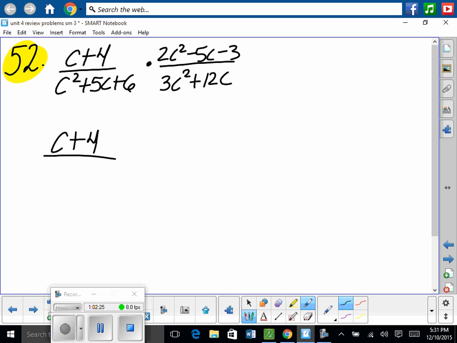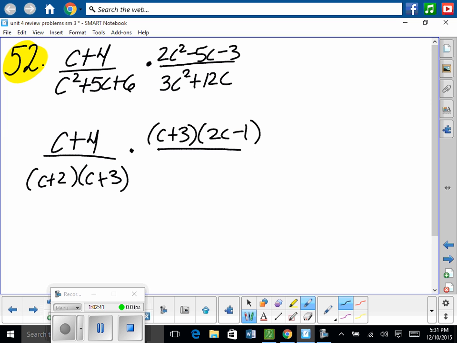So we have c plus 4 over c plus 2 times c plus 3, and we're times by, I expect you to factor yourself, c plus 3 times 2c minus 1, and then over 3c, so left is c plus 4.